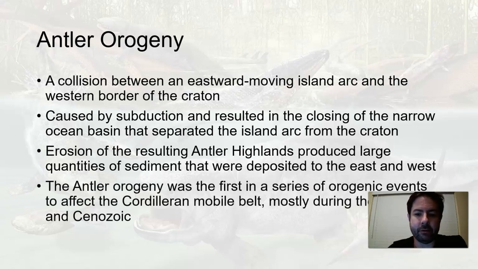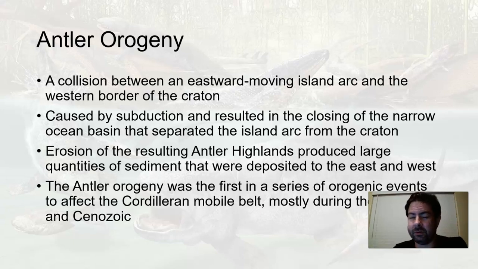And again, the Antler Orogeny was just the first in a series of orogenic belt events to affect the Cordilleran mobile belt. However, most of that occurred in the Mesozoic and the Cenozoic.